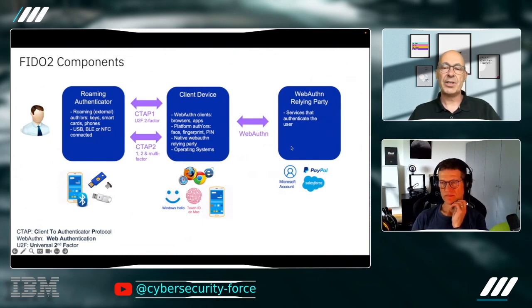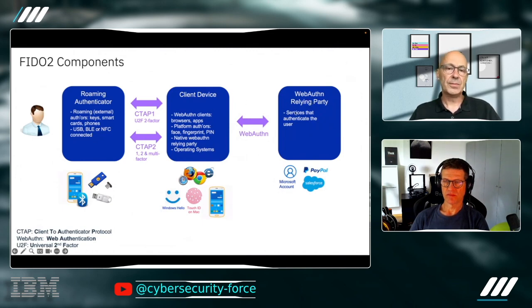So the relying party, that's a website, is sending code using WebAuthn, which stands for Web Authentication by the way, to the client device. And then the client device, which in many cases is a browser, will then interpret these WebAuthn calls. And actually, it's the client device that does the authentication, and the resulting responses are getting back to the relying party, to the server.